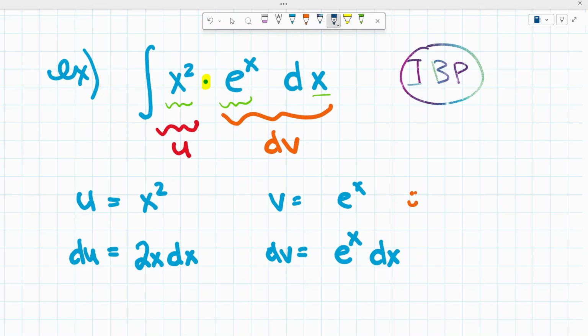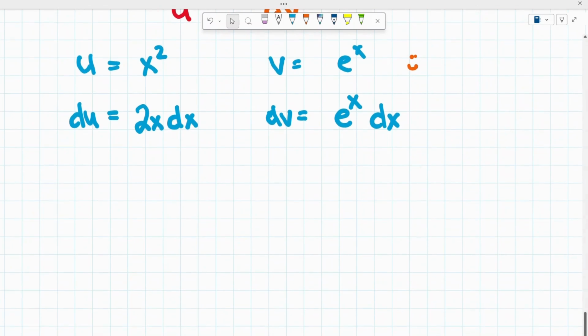So now from here, let's apply our handy integration by parts formula, which is uv minus the integral of v du. Before I said to put your dx, in this case, we already incorporated it here. Just make sure that you remember that you're integrating with respect to x. So let's go ahead and plug that in.